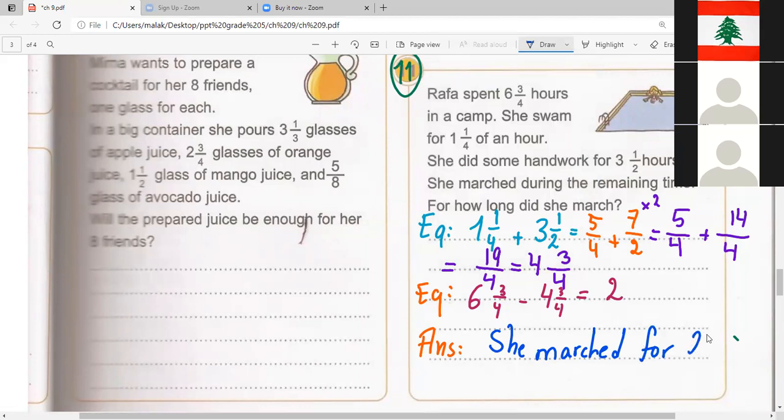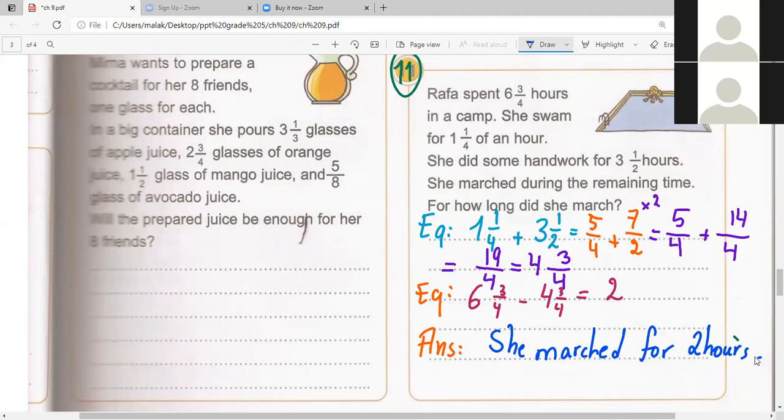I will repeat, Jawad Shamseddine. We said that Rafa went to the camp. She spent 6 hours and 3/4 in this camp. She did activities. She swam. She did some handwork activity. She marched in a camp. So the remaining time is the time left for her to do marching.